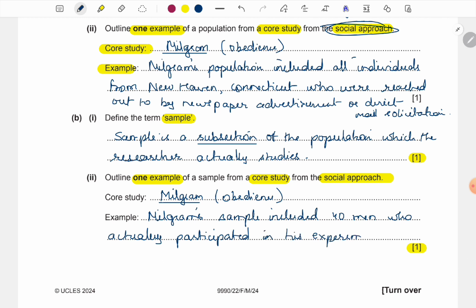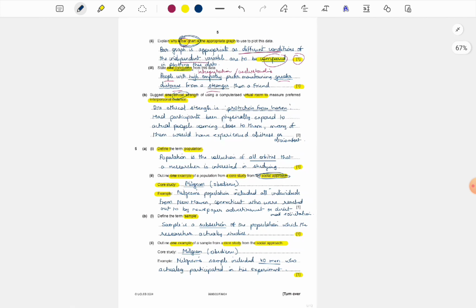Definitely you can give more details if you want to. It's just unnecessary for 1 mark, so I'm not writing. But if you want to say they were from various occupations like teachers, doctors, and, I forgot, engineers, I think, you can mention those things. There's no issue with that.